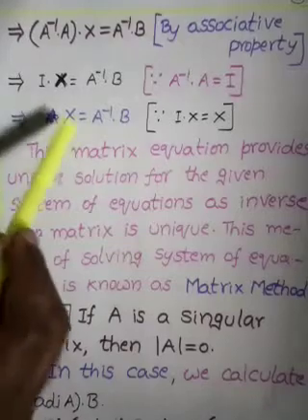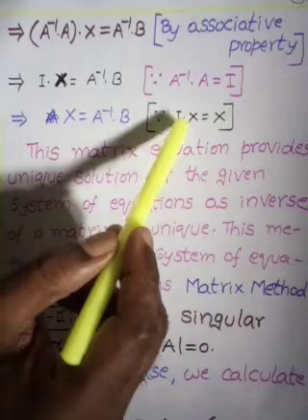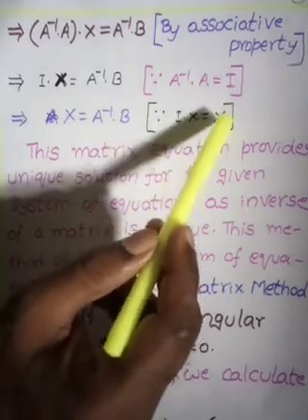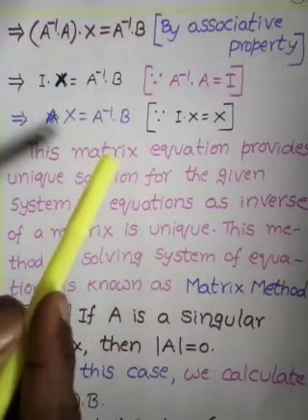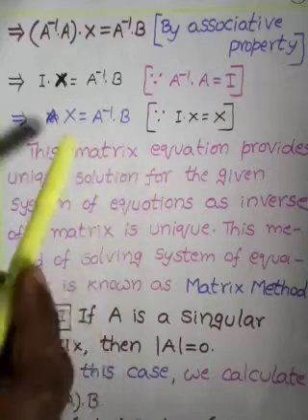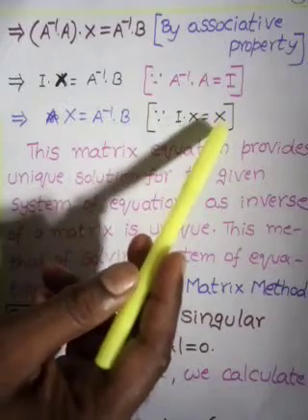This implies X is equal to A inverse into B, because the identity matrix into a matrix is equal to the matrix itself. Same as in the case of numbers: 1 into any number gives the same number itself. Similarly, here also, the identity matrix into any matrix gives the same matrix itself.